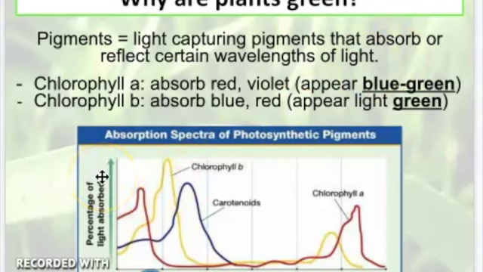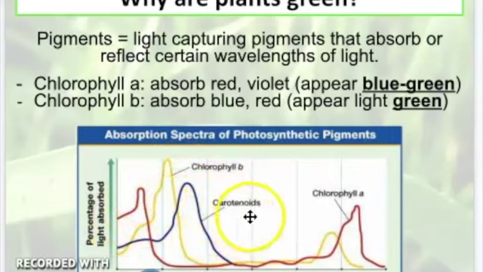The two main types of light capturing pigments in plants that we talk about are chlorophyll A and chlorophyll B. And we can see these in this graph here. We have chlorophyll B in the yellow and chlorophyll A in the red.